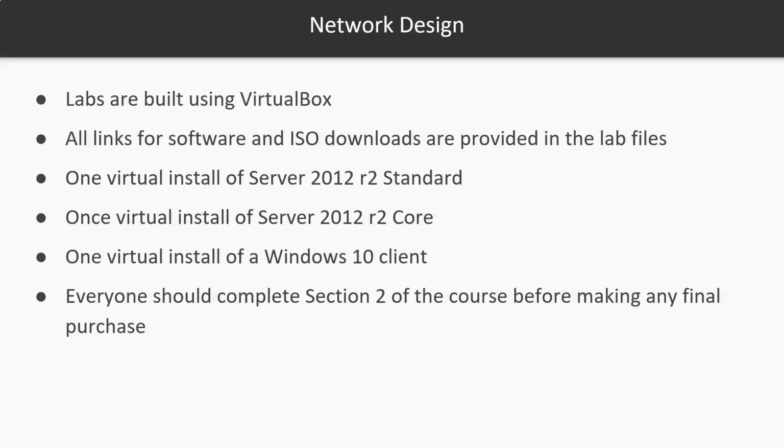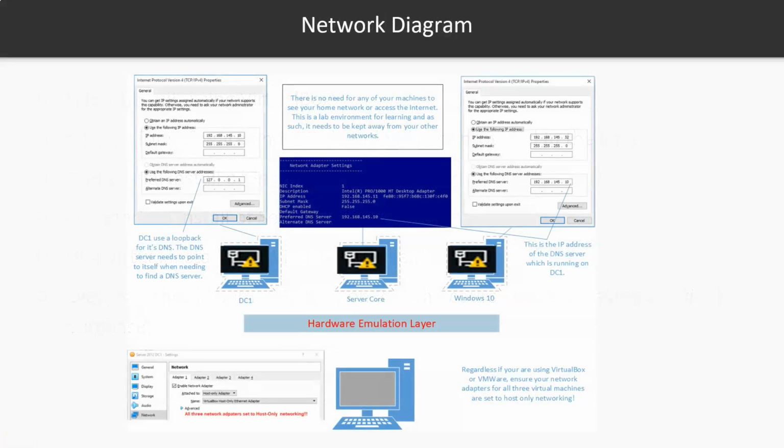Now, before anyone signs up for this course, please complete Section 2, which is the actual building of your virtual lab environment. If you cannot, for whatever reason, build the virtual lab environment, then please do not sign up for the course. In this next slide, you see exactly how your network is to be designed.